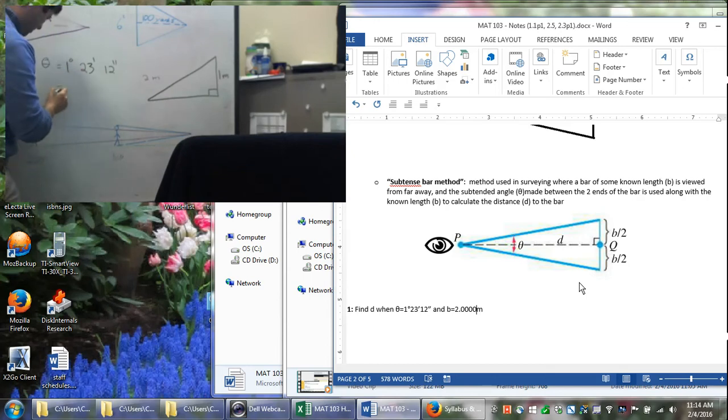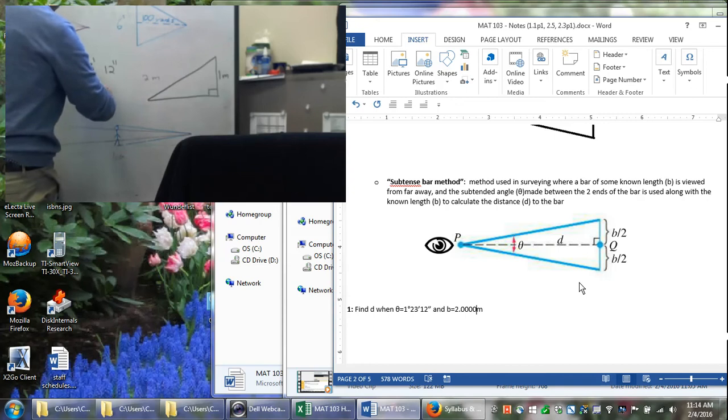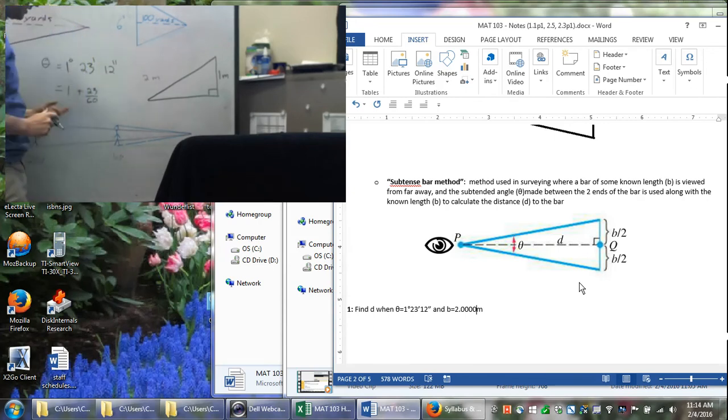So our original angle was 1 degree, 23 minutes, and 12 seconds. So just like the bar, we want to split that in half. This angle right here is going to be half of that original angle. Okay, so let's make some room for that. I can find my eraser.